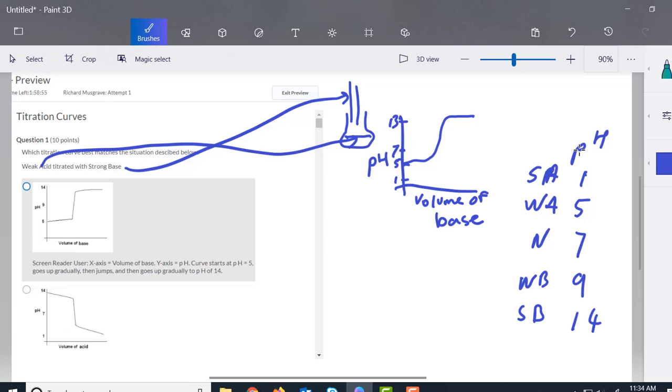Now the next thing we need to do is figure out if we're going to be dealing with a buffer region or not.